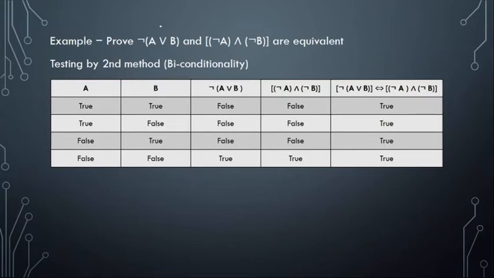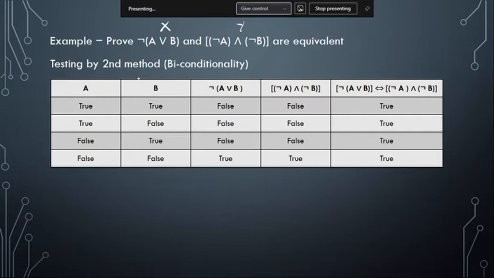So this is the same proposition, proposition X and proposition Y, and we have to prove that they are propositionally equivalent, this time using the biconditional. So in propositional equivalence, only two propositions that meet the two conditions are equivalent.